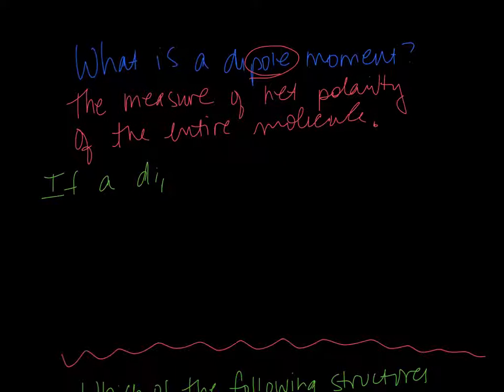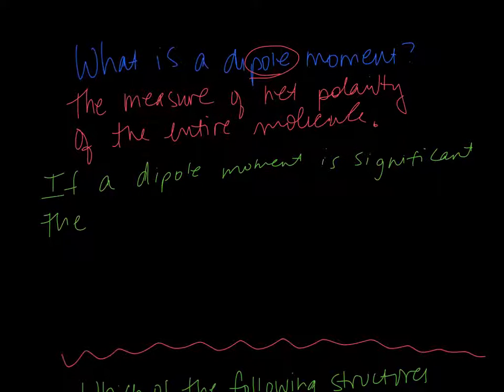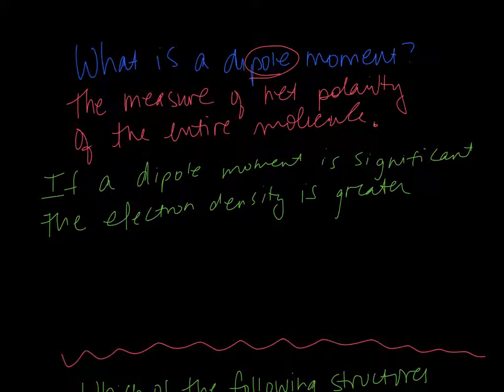If a dipole moment is significant, the electron density is greater on one end or pole of the molecule.